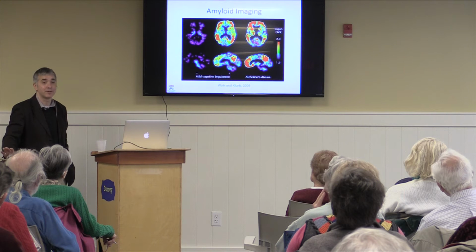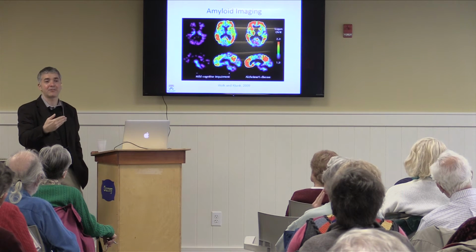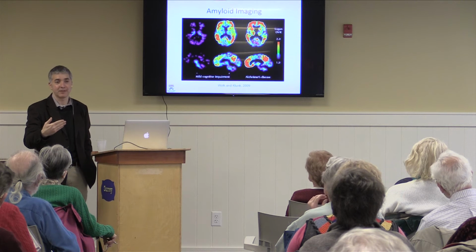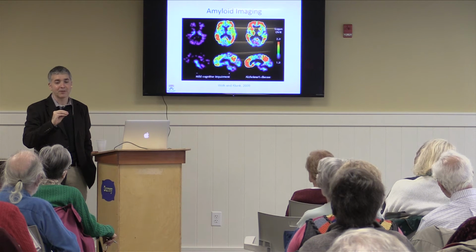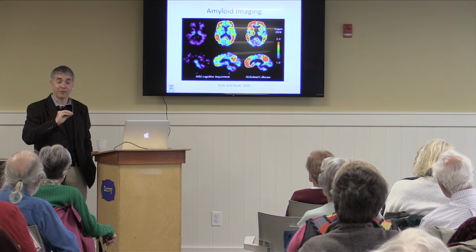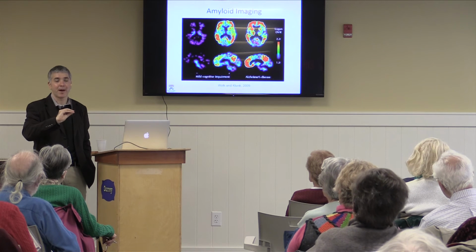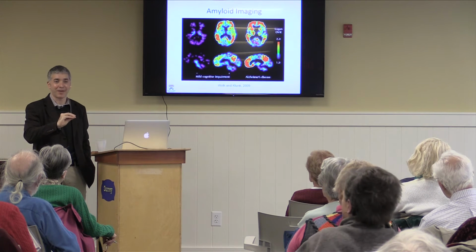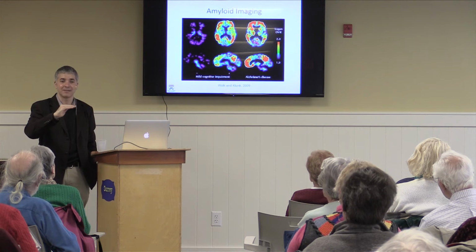In clinical trials, we definitely follow these kinds of markers because we're trying to see if we're changing the trajectory of the disease. And it turns out, and I'll talk a little bit about this if we have a chance, some of these markers are better for tracking the disease change over time, and some are better for just picking up that there is disease. So it turns out amyloid imaging is not very good for tracking the disease.